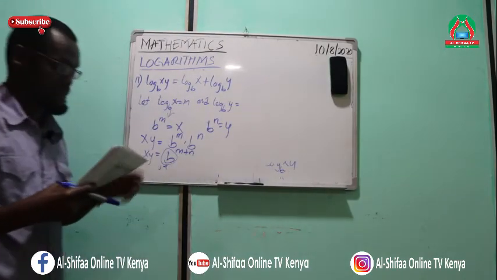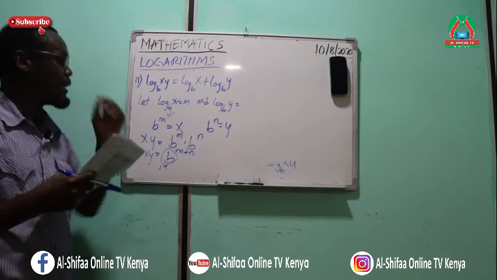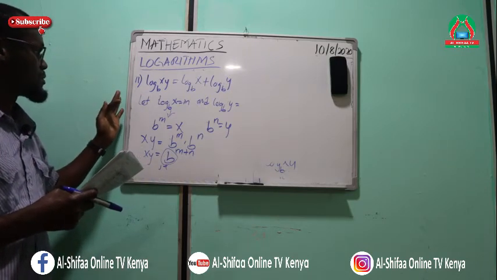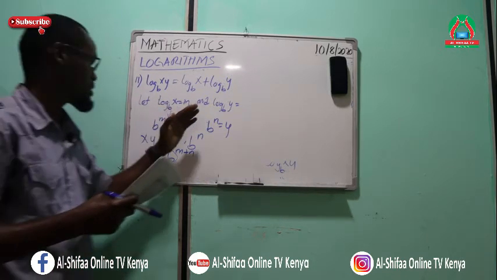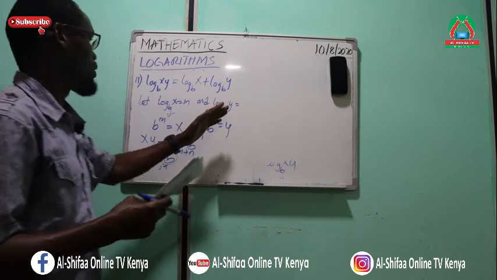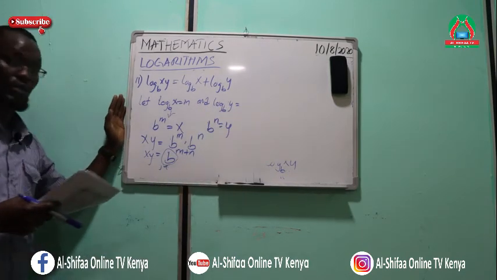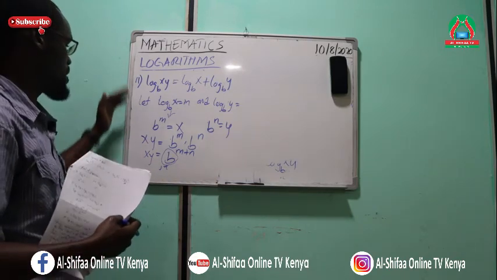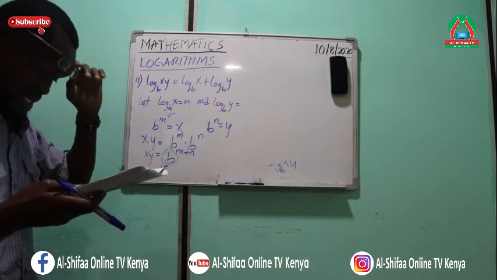Up to here we have seen how to convert index form into logarithmic notation and logarithmic notation into index form. And also we have gone through the logarithmic notation.